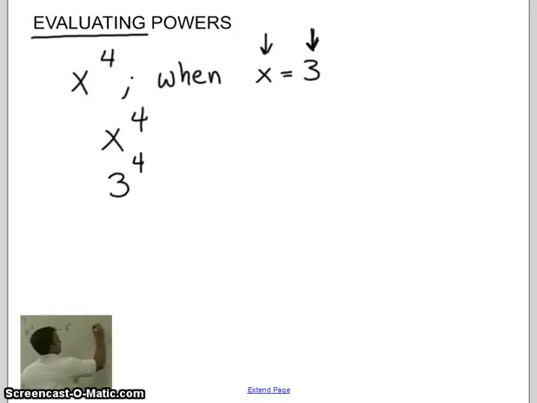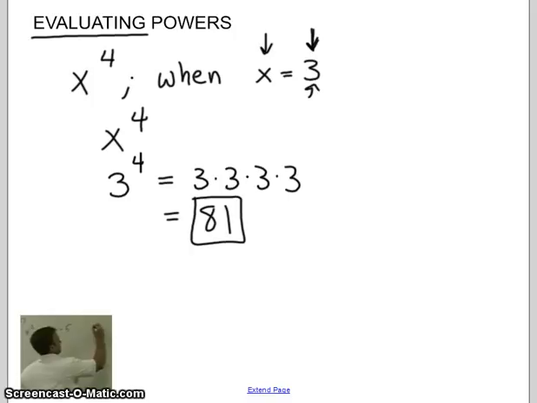So we have 3 to the 4th, which means 3 times 3 times 3 times 3. If you do this in your calculator, you'll get 81. Again, evaluating powers, all we're doing is substituting in the value for the variable.